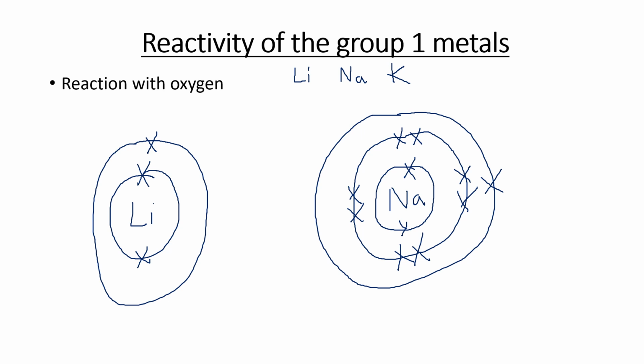So this outer shell electron can be lost more easily due to greater shielding and a greater atomic radius, and those two things outweigh the increase in nuclear charge as you add more protons to the nucleus. And that's why sodium is more reactive than lithium, and that's why potassium is more reactive than sodium.